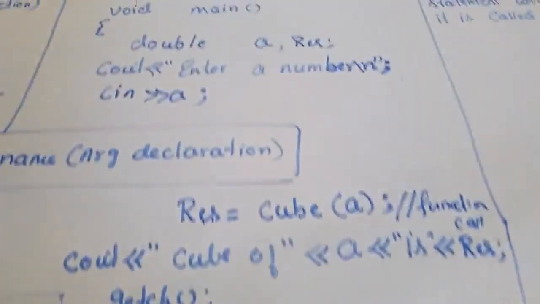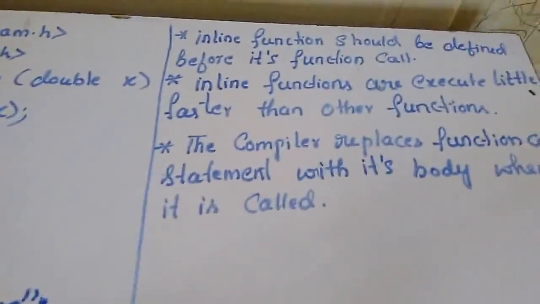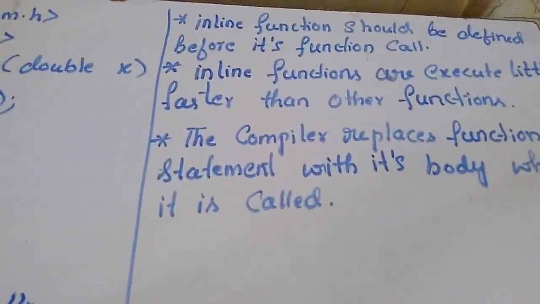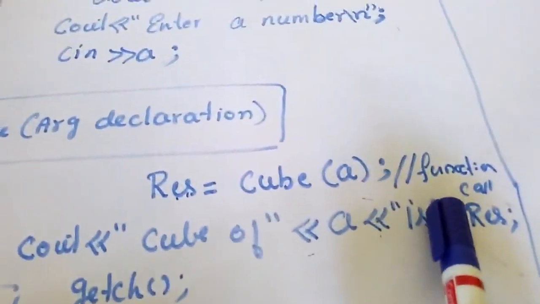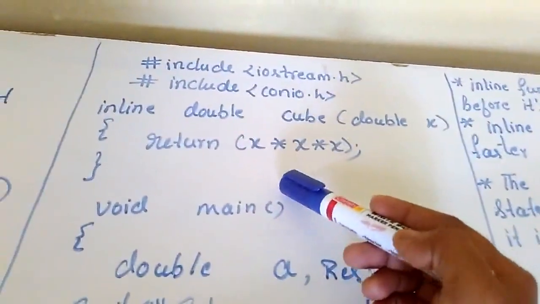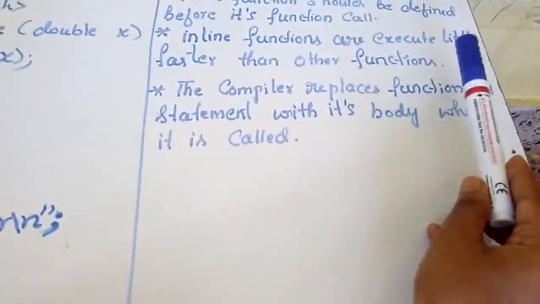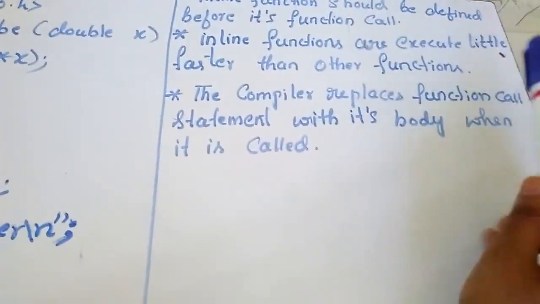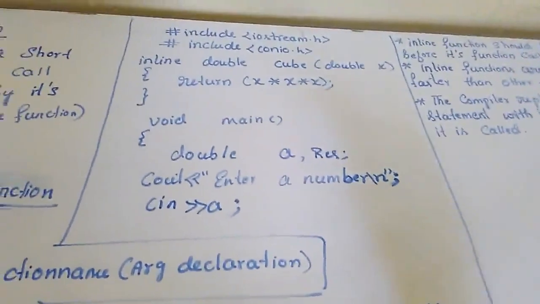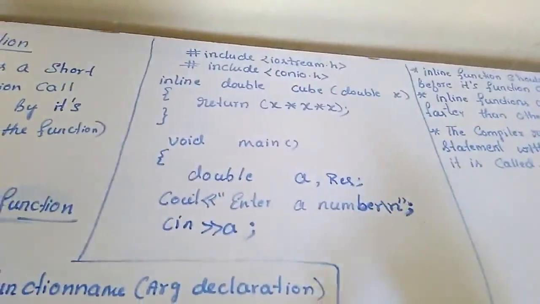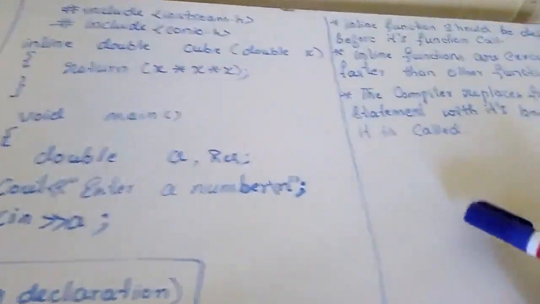Next, it should be defined before its function call. Here this is the function call, and the definition is there before it. That is another rule. Inline functions are executed a little faster than other functions, because there is no overhead of transferring control from one function to another, so it reduces the time.